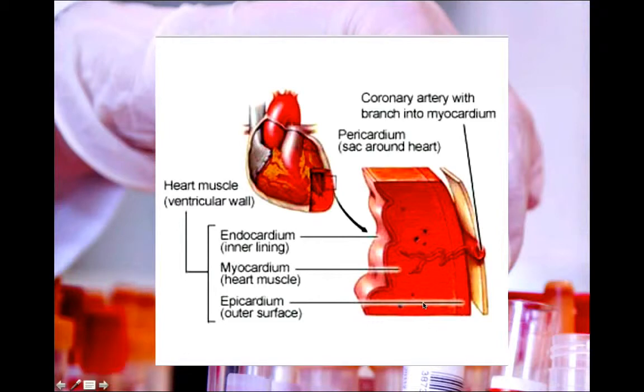Now, this part of the heart, the myocardium, is directly nourished by the coronary arteries. I'm going to explain what the coronary arteries are and where they come from in a bit. But what you have to keep in mind for now is that these arteries supply the myocardium with blood and oxygen.